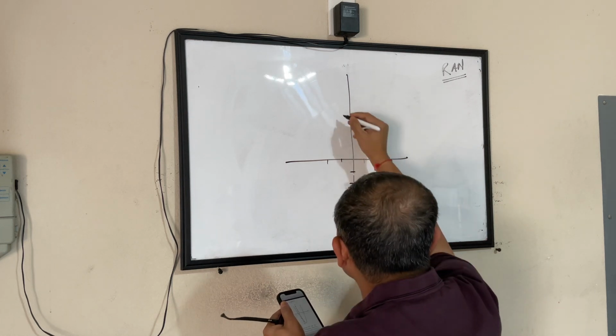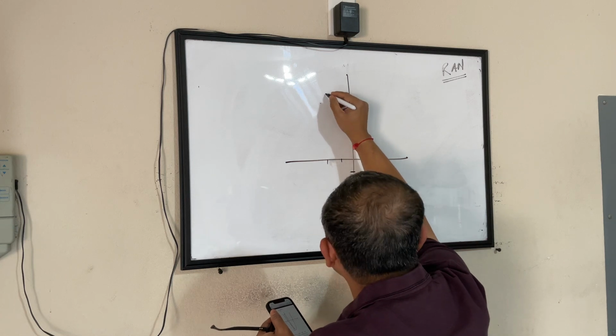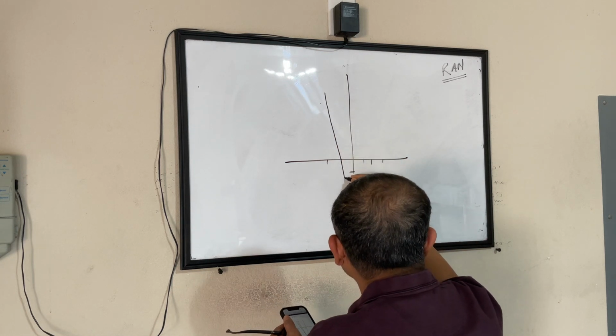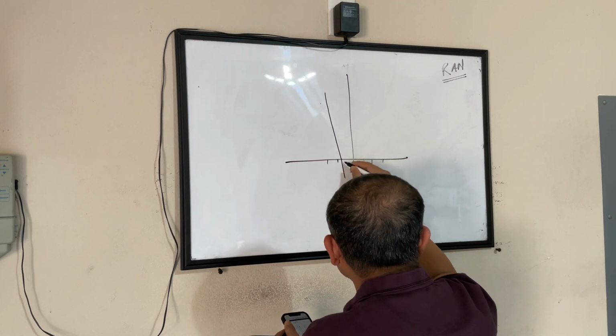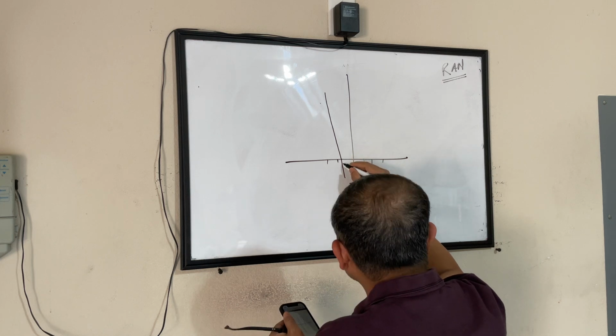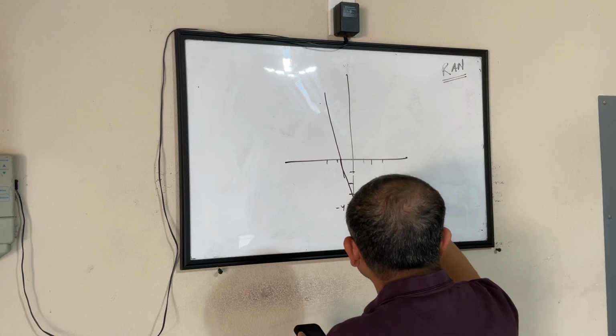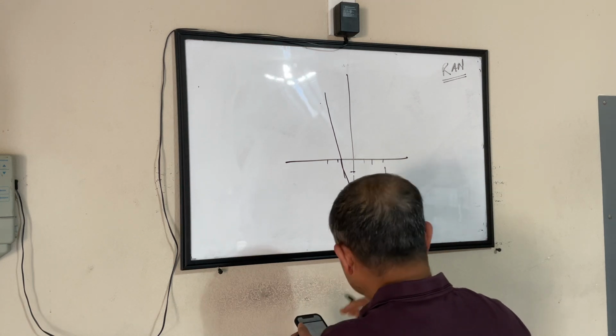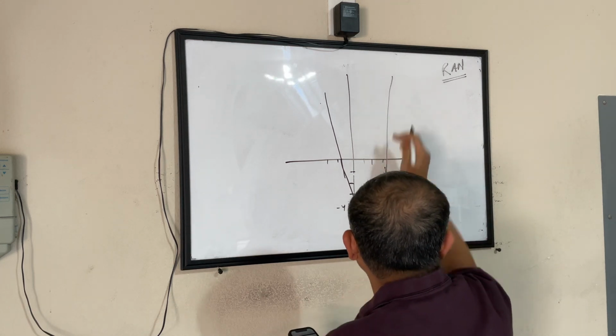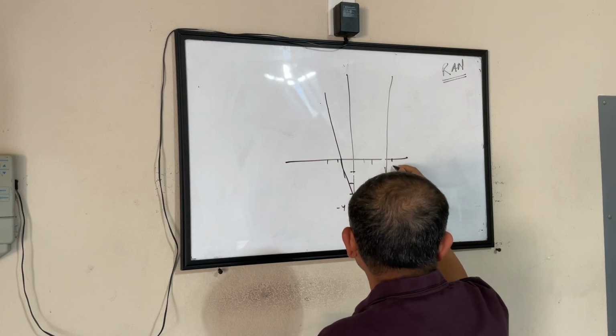So this graph is going from here, and 1 is somewhere here. It comes here, crosses 4, goes down, then goes up, and let's say 3 is here. This is 3.